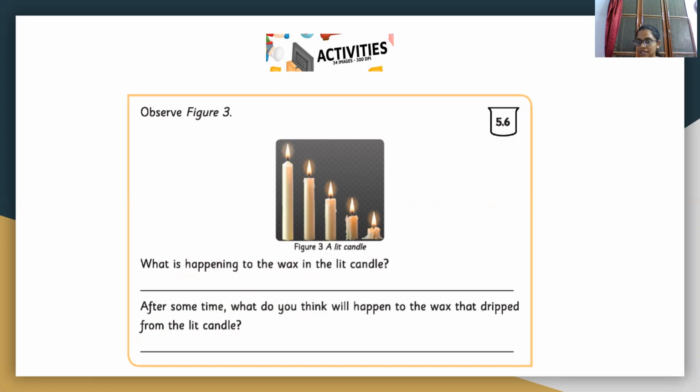Let us see the activity. What is happening to the wax in the lit candle? That is the first question. Second question, after some time, what do you think will happen to the wax that drips from the lit candle? Yes. First question, what is happening to the wax in the lit candle?